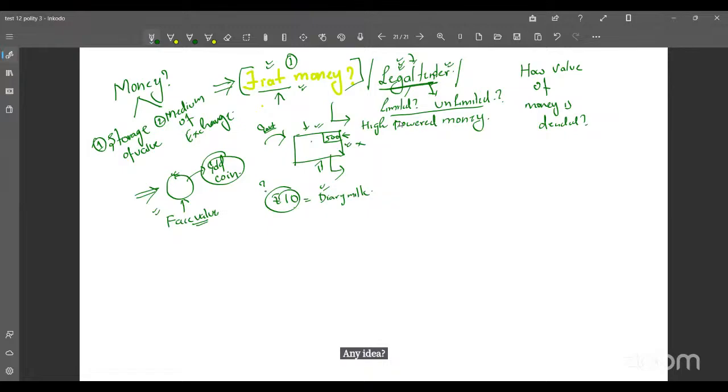Is it based on the gold value, sir? Which gold value?